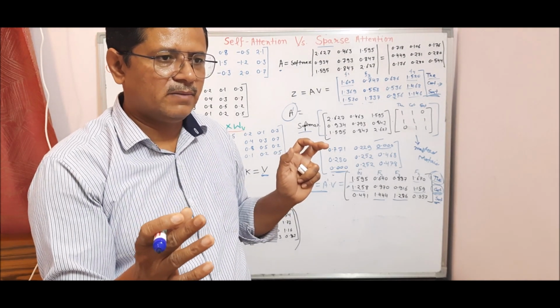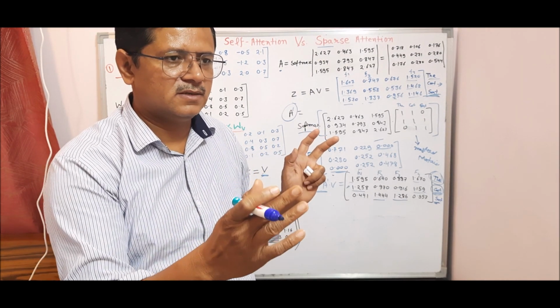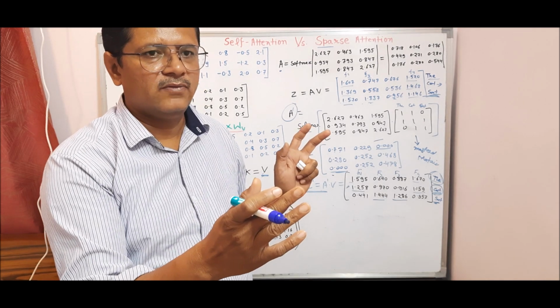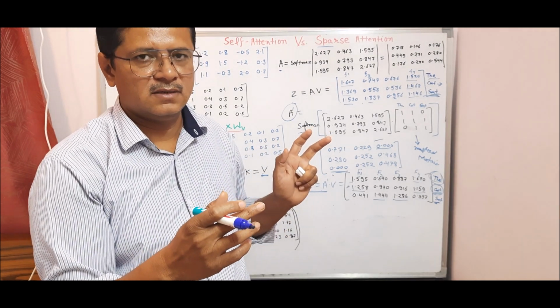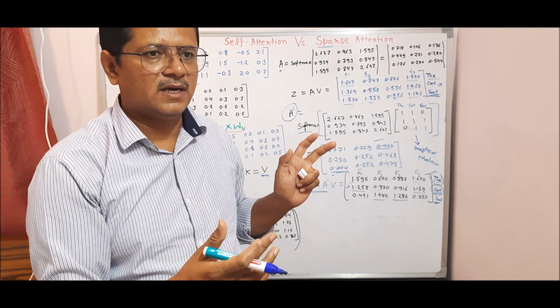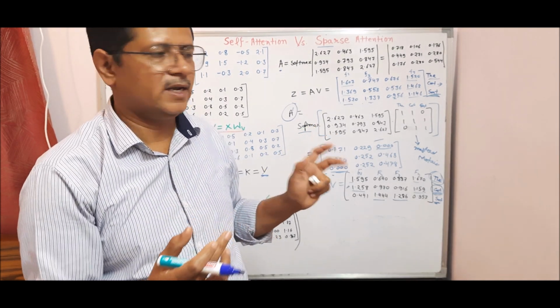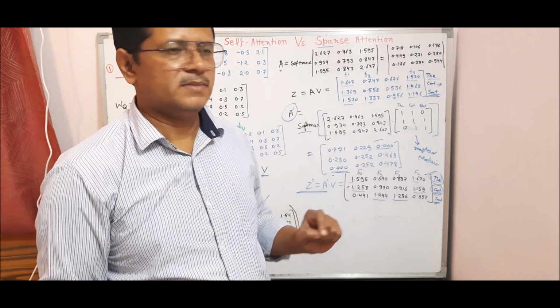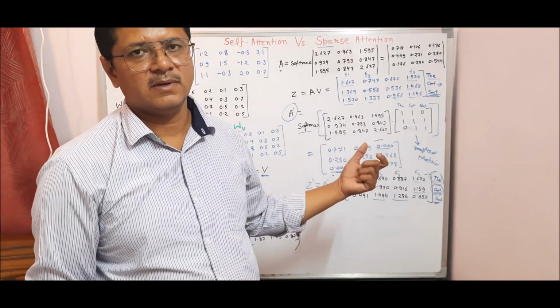Because generally what happens in NLP is that after some distance, after some number of words, we lose the semantic context. So if you consider all words, it will be just unnecessary calculation and overhead, and it will destroy your system. That's why in that case sparse attention will be better.